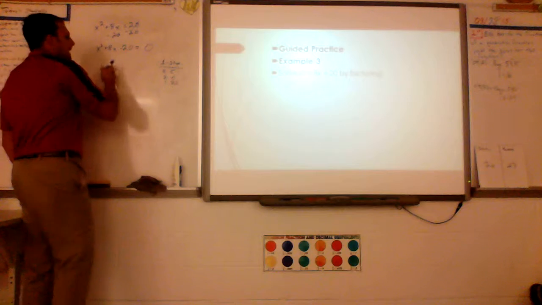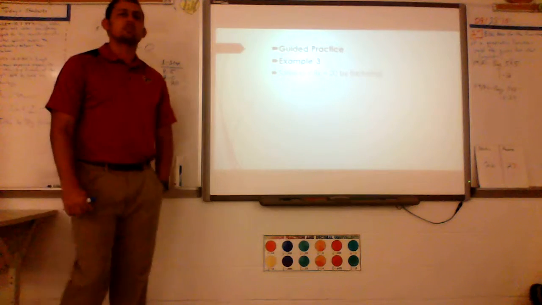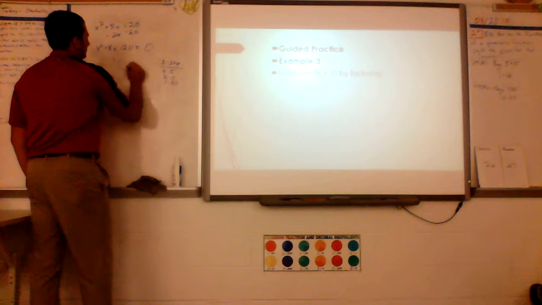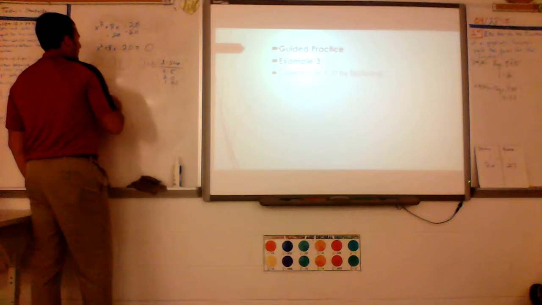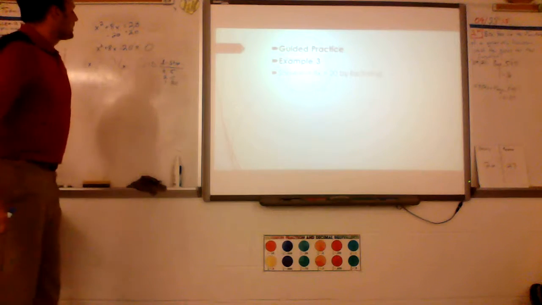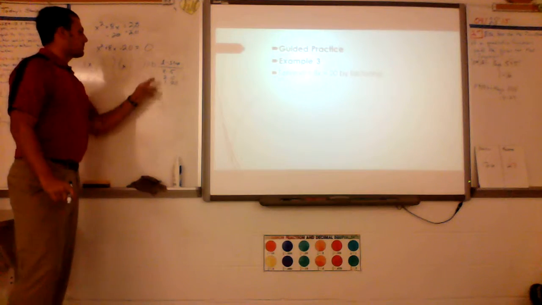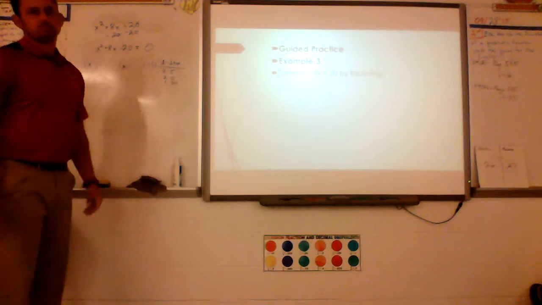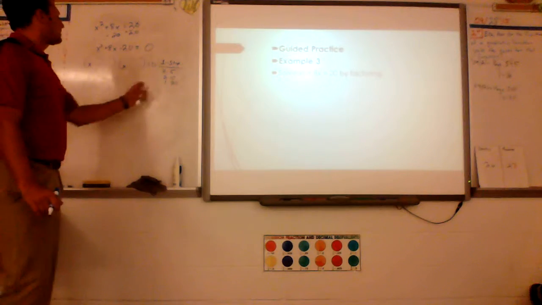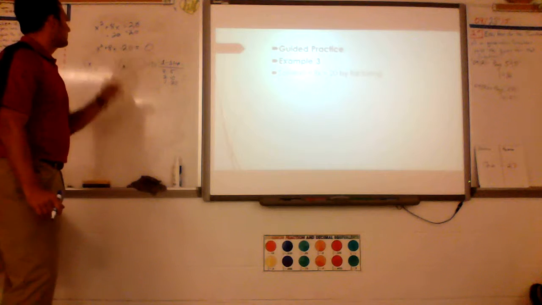What's my answer always going to have? How many parentheses? I'm going to have an x in both of them. Now we're going to fill these parentheses up with either 4 and 5, 2 and 10, or 1 and 20. I know 4 times 5, 2 times 10, 1 times 20 will give me 20.